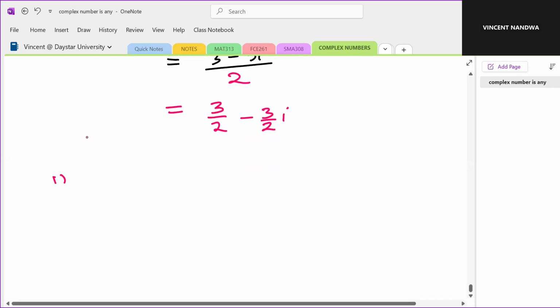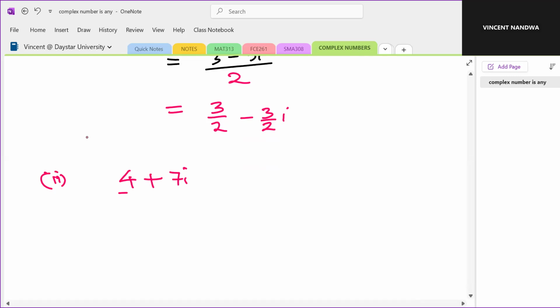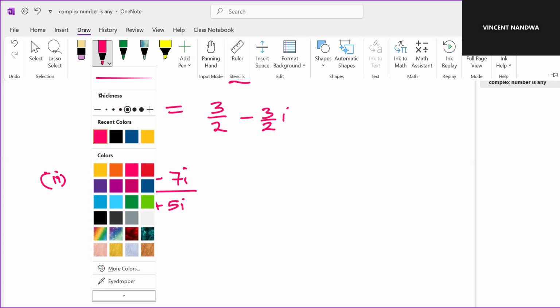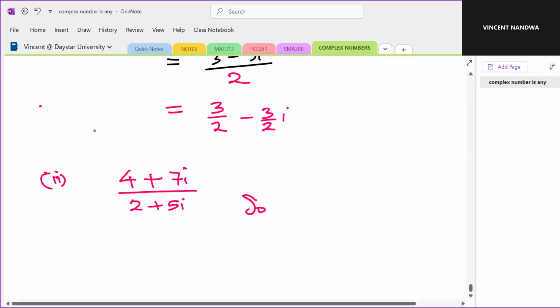Then lastly, another example is 4 plus 7i divided by 2 plus 5i. So note that here we are going to multiply numerator and denominator by the conjugate of the denominator, which is 2 minus 5i.